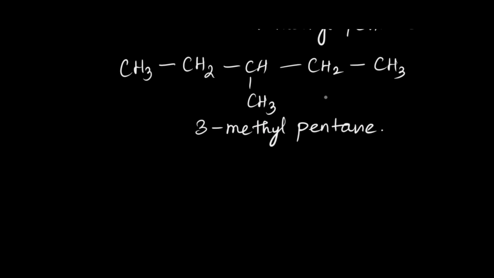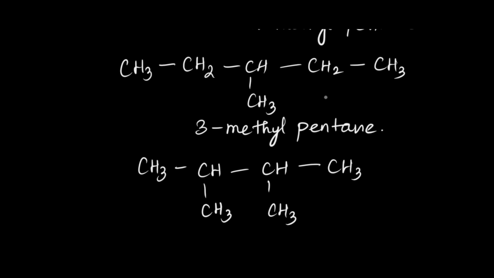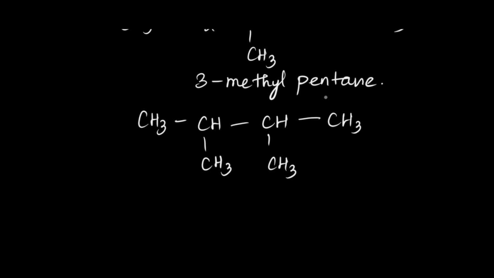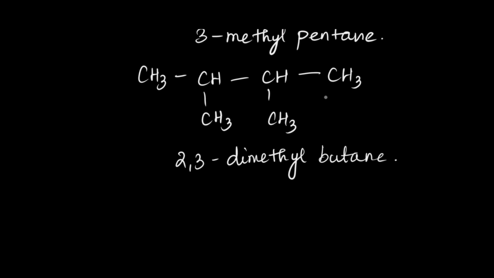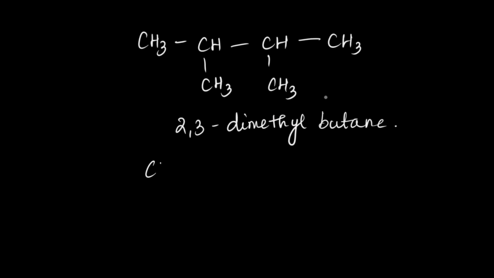Okay, so what about combining these two? CH3, CH3, and CH3, and then CH3. The second and third position I am having methyl group. So 2,3-dimethyl. In the parent chain I'm having 4 carbons, so which makes it butane. What if I'm writing it as a tertiary carbon?